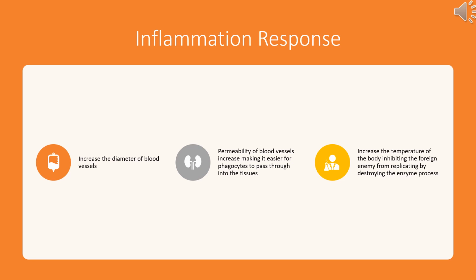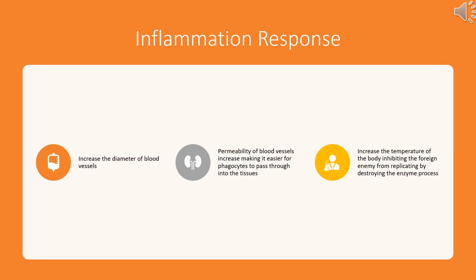So going to the process of inflammation response, you've got three main steps here. It can be a little tedious at times, but it's fairly simple. The first step is that it increases the diameter of the blood vessels. This will allow the phagocytes to pass through the vessels more easily, I should say, faster.